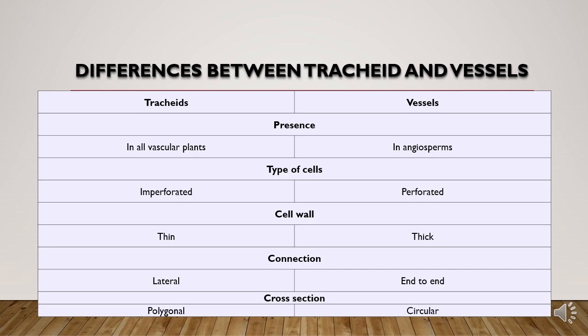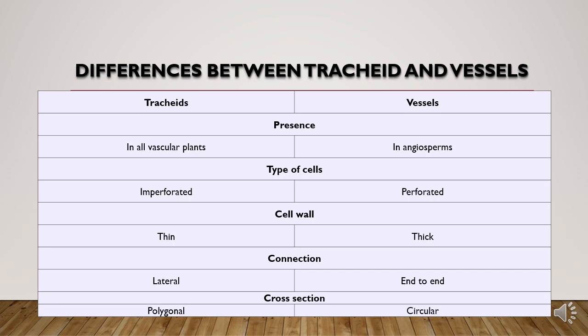The cell wall in the tracheids is thin, which means the tracheids have a very, very thin cell wall, unlike the vessels, which have a very, very thick cell wall. We need to understand the connection as well. The tracheids are connected in a lateral format, whereas the vessels are arranged end to end.